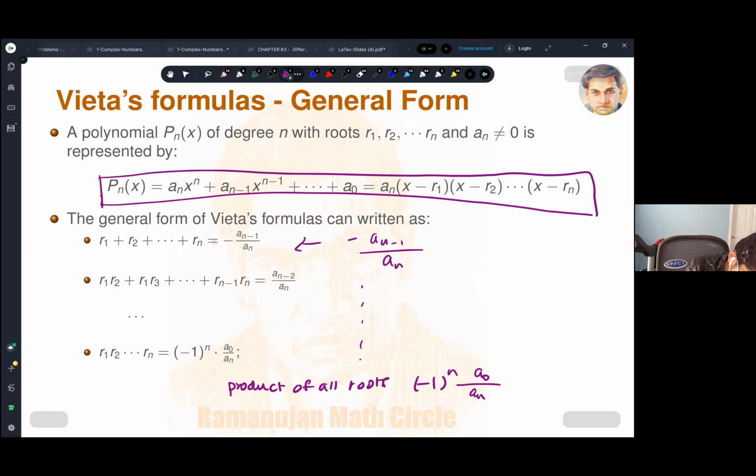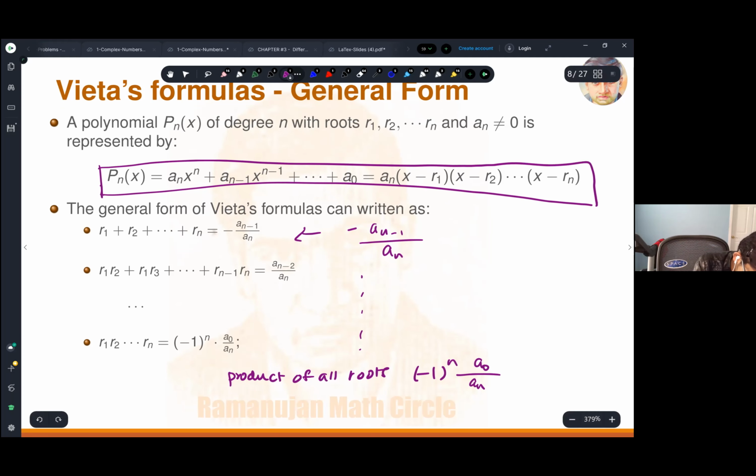Generally, the ones that you need to know or focus on are actually this one and this one. The middle ones are often omitted because it makes the problem too complicated.